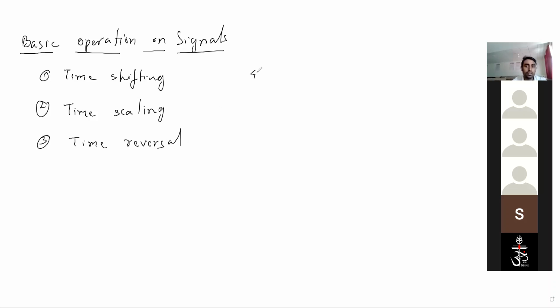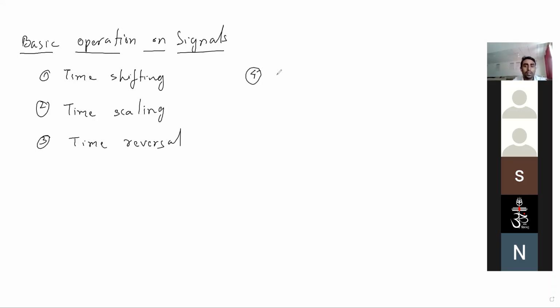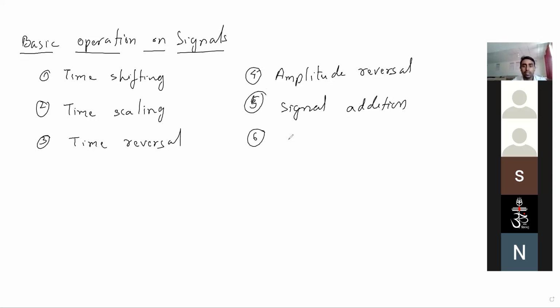Fourth number is, you can say, amplitude reversal. Fifth number, you can say signal addition. Sixth is signal multiplication.